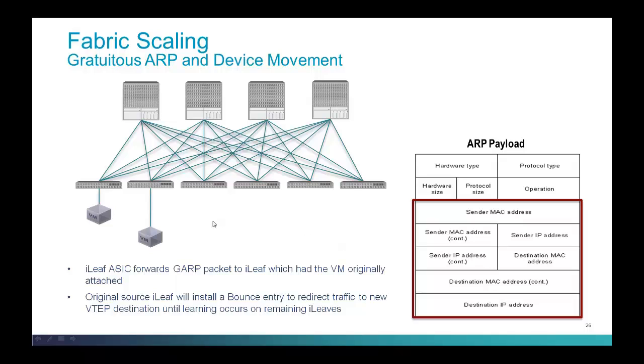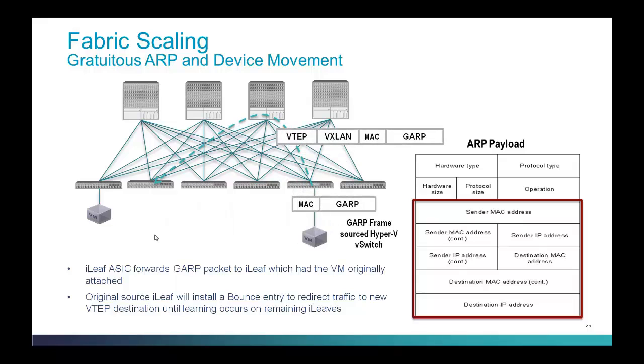If the VM here moves to leaf 5, when it gets to leaf 5, it will send a gratuitous ARP back to leaf 2, so that whilst communication is still happening from this VM to the VM thinking it should still be on leaf 2, it will actually install a bounce entry, which drastically reduces convergence time to get to the final leaf, which is really cool.